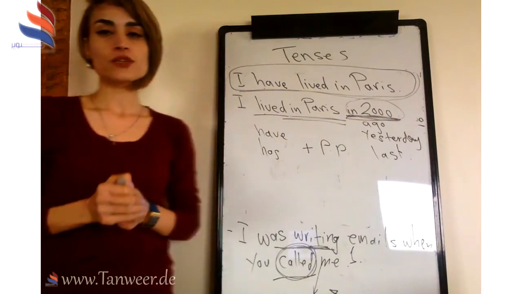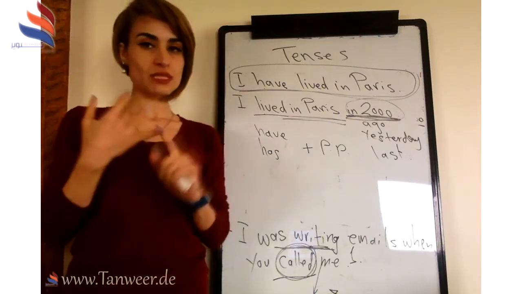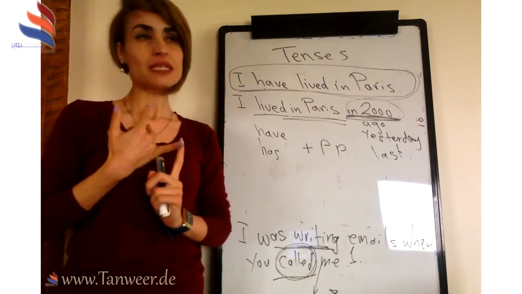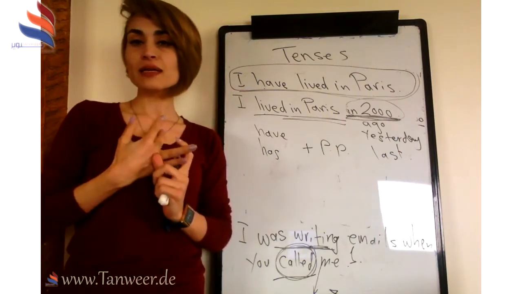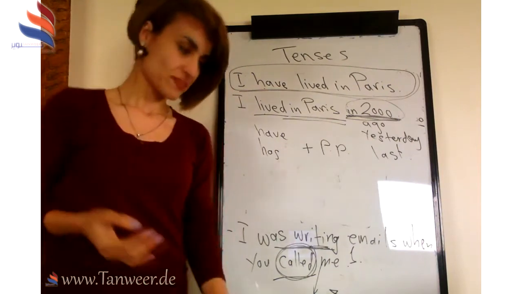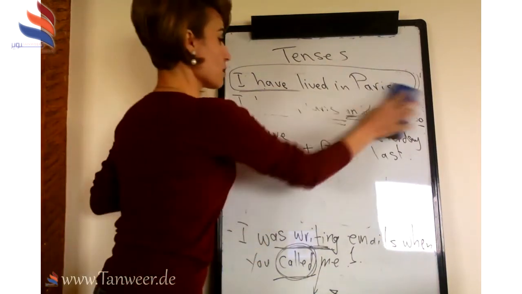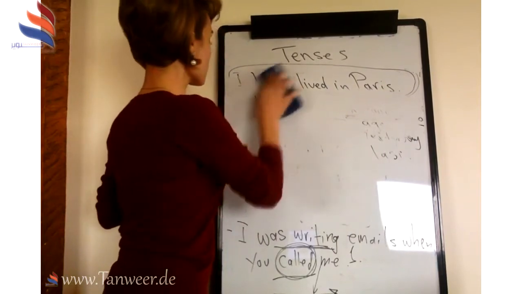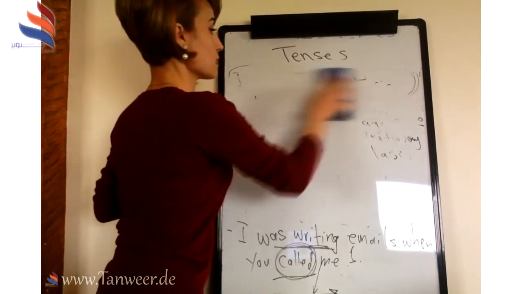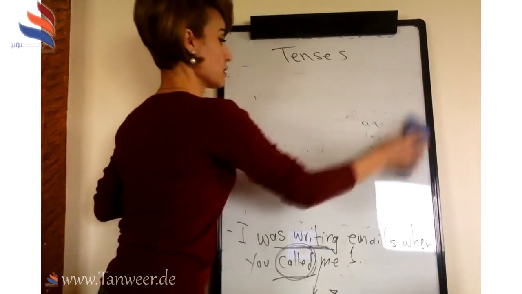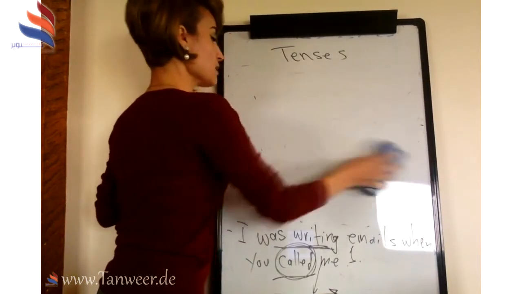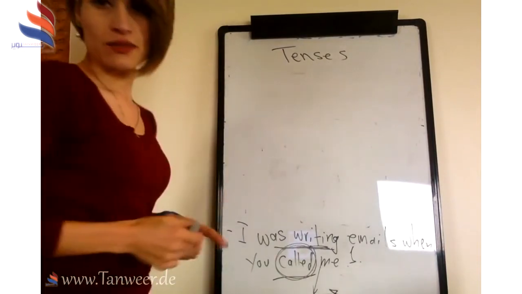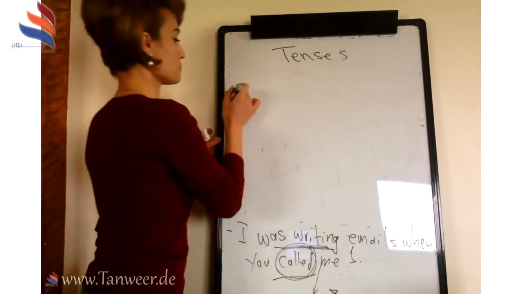Also, students get confused when we talk about present perfect, past simple and past perfect. Okay, let's talk about them. They are not that difficult. Look, let me imagine that I have a timeline. You know timeline, right? Okay, this is a timeline.